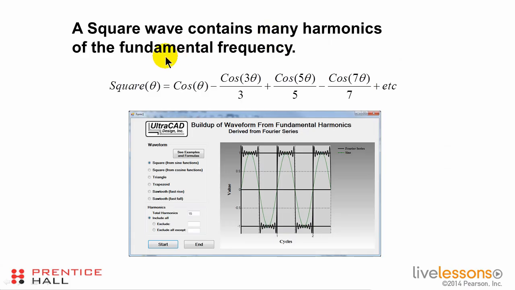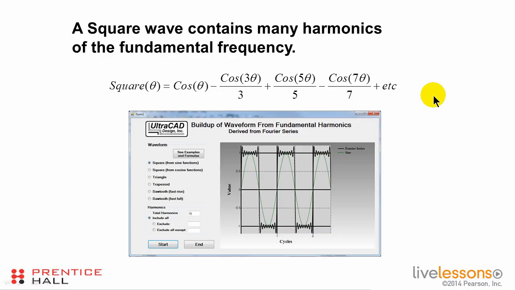Now, a square wave contains many harmonics of the fundamental frequency. Here is one way of looking at a Fourier series of a square wave. There are a couple of different ways we can do this. But a square wave of a certain frequency is equal to the cosine of that frequency minus the cosine of the third harmonic divided by 3, plus the cosine of the fifth harmonic divided by 5, minus the cosine of the seventh harmonic divided by 7, and so on.